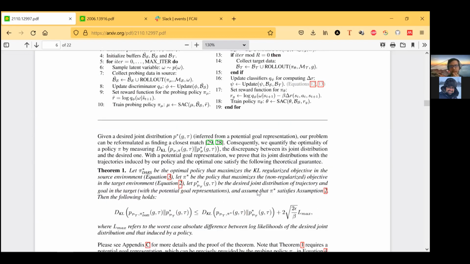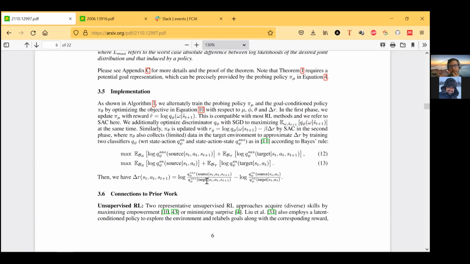But these things will cancel out. So if you just apply Bayes rule here, you can rewrite these equations using these two discriminators in the following way. You only need these two discriminators that predict whether you are in the source or target given s_t, a_t, s_{t+1}, or only s_t, a_t, and you can compute this reward.